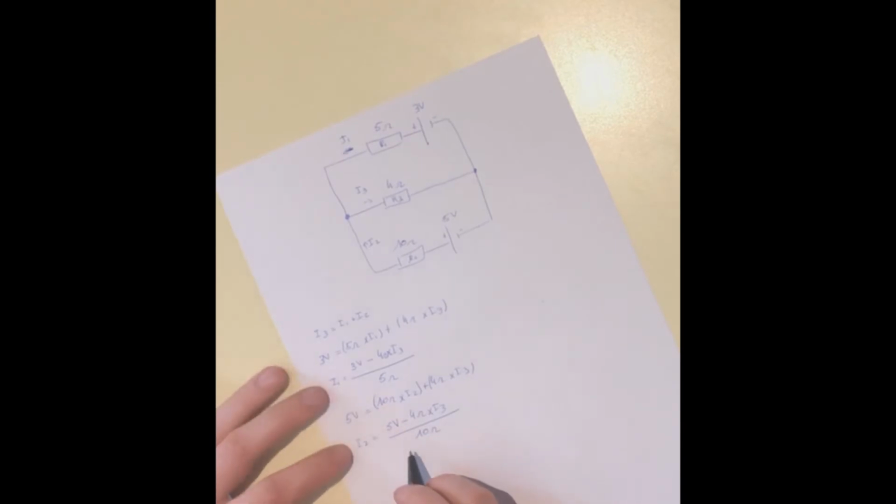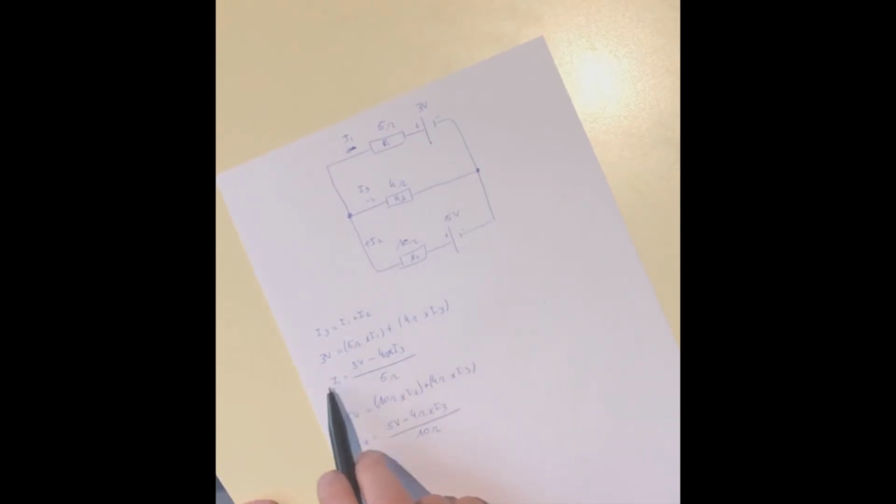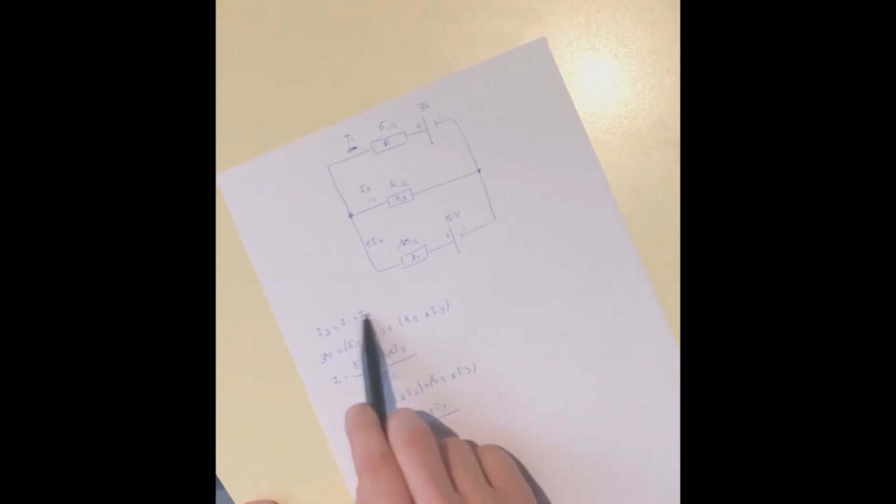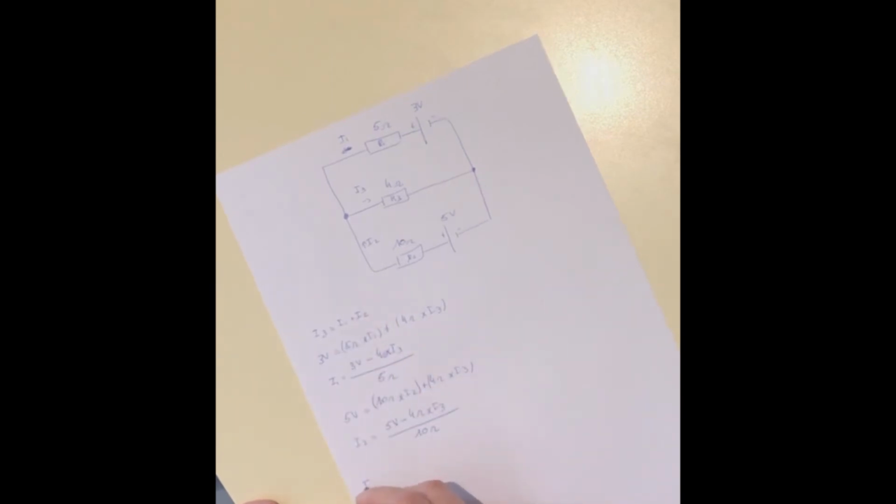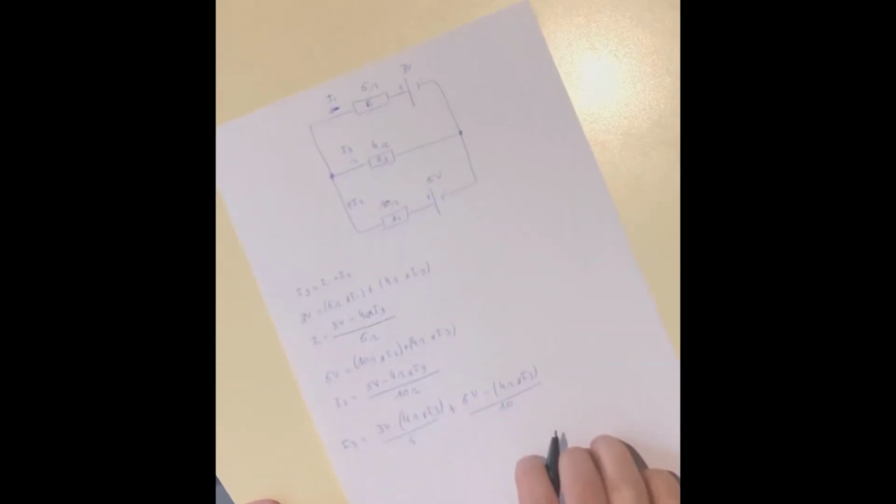Okay, we have written I1 and I2 in a different way, so we can fill this in here. I3 is equal to 3 volts minus 4 ohms times I3 divided by 5 plus 5 volts minus 4 ohms times I3 divided by 10.